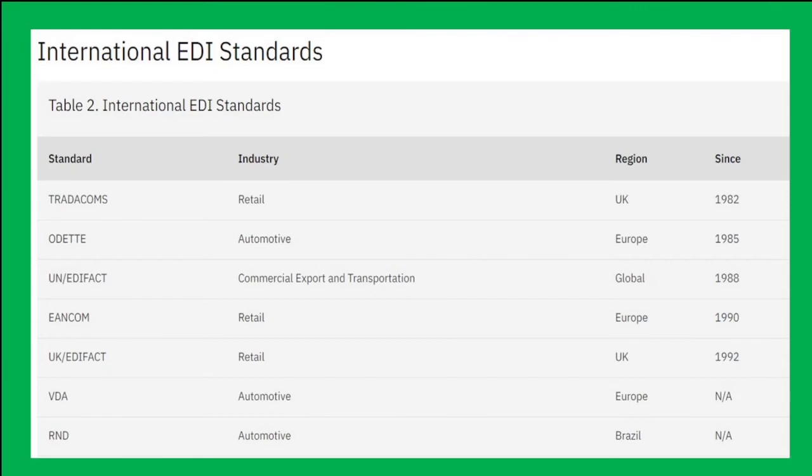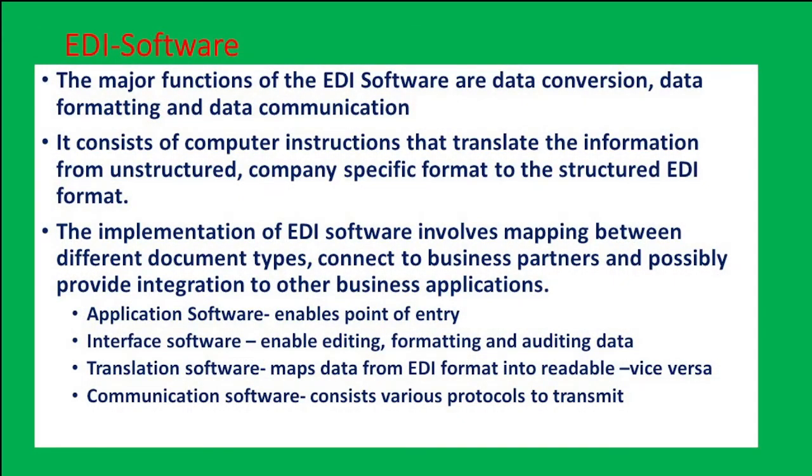Okay. Next, EDI software. A language or software is required. The major functions of EDI software are data conversion, data formatting, and data communication. There are three jobs. The software will do data conversion. Look at the first slide on communication. The purchase order is converted into EDI format, which is data conversion, and it is in EDI readable format.